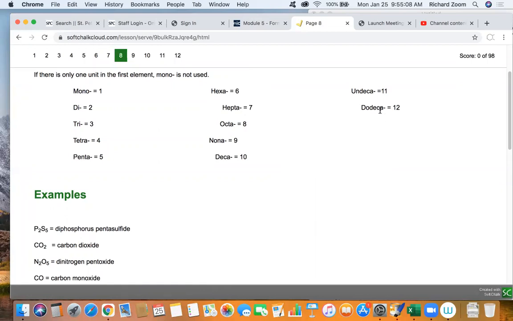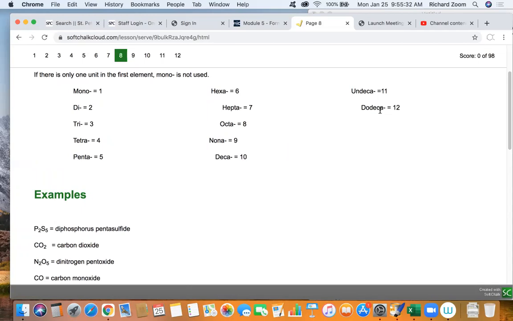Many of them you already know. Tri, like tricycle. Tetra, well, I can't really think of an example for you, but like a Tetra Pak for milk. If you've seen a milk carton, those are called Tetra Paks. They open up with a four-sided figure. Penta, pentagon.